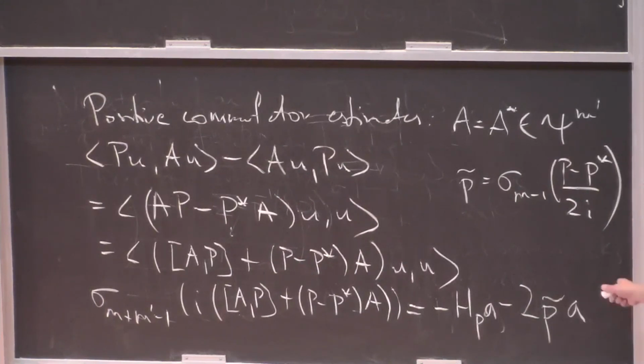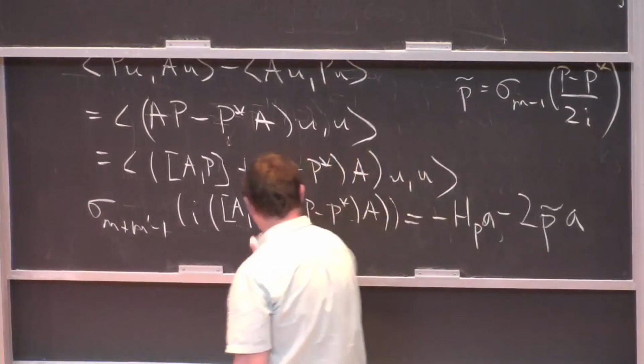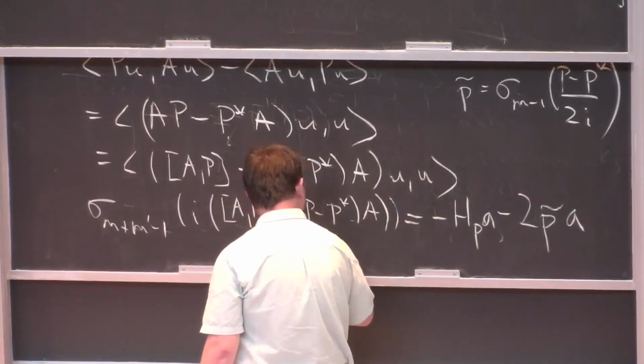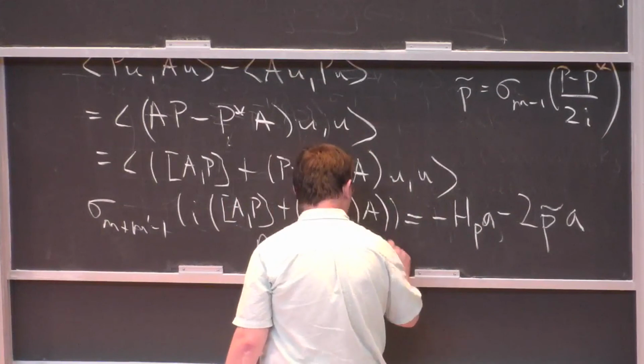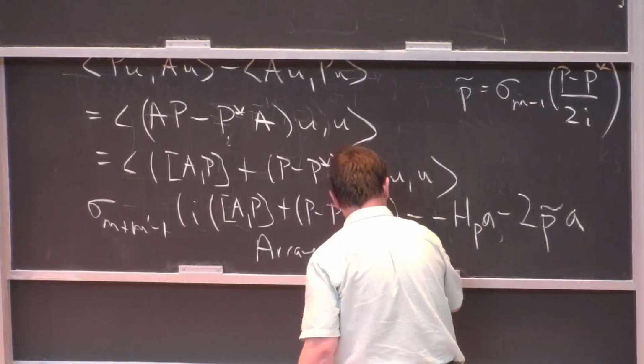Okay, so that's the principal symbol of the commutator, and then what you do is you arrange that this is positive, or has a sign. So maybe negative definite, has a sign.